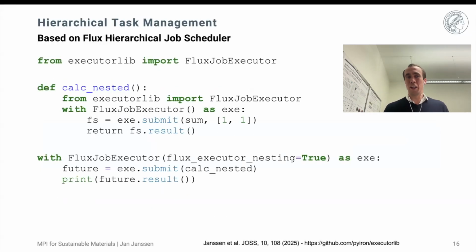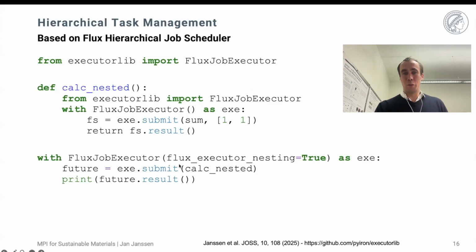And then the final part here is really this kind of hierarchical scheduling that Executorlib is known for, that Flux is known for. This can also be represented in Executorlib by just nesting the executor inside the Python function.